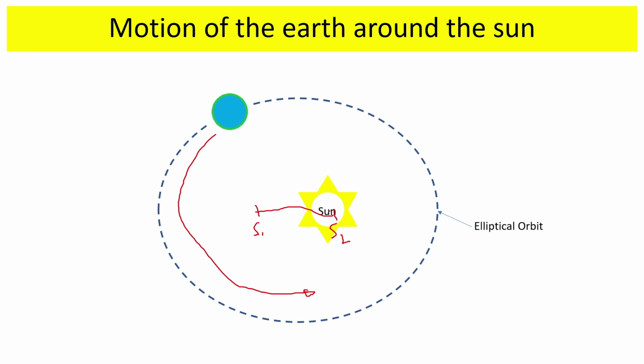And therefore, one thing which is embedded in this whole discussion is that since the earth is not moving in a perfect circular path, the distance between the earth and the sun keeps changing. If the earth is here, its distance would be smaller than when the earth is here, right?